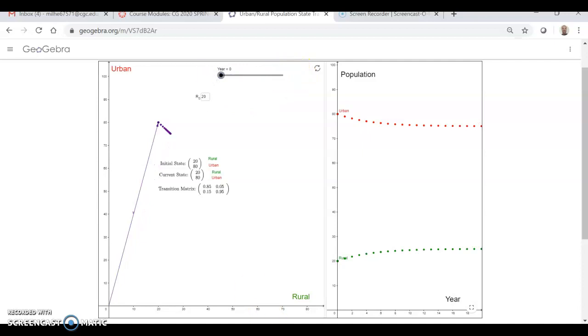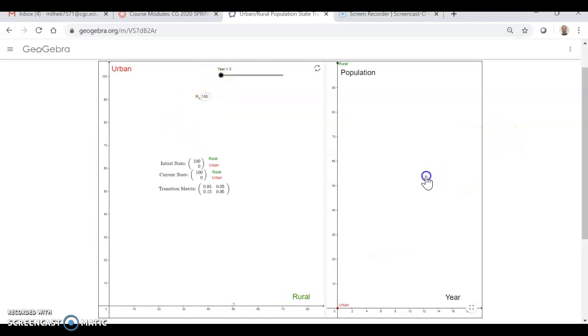Now, one of the questions that we posed in the PowerPoint is what's going to happen if 80 was not the magic number? Let's say there were 100 people living in the urban setting initially. Change that to 100. Okay, this is just the progression of dots. Let me get rid of those. Okay, and let's see what happens now if I change the value of time.